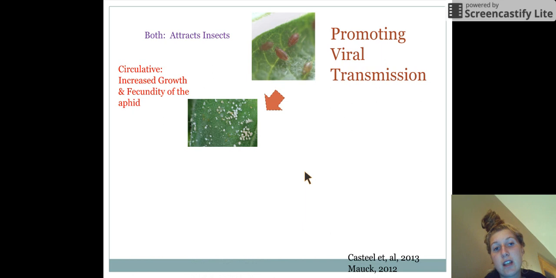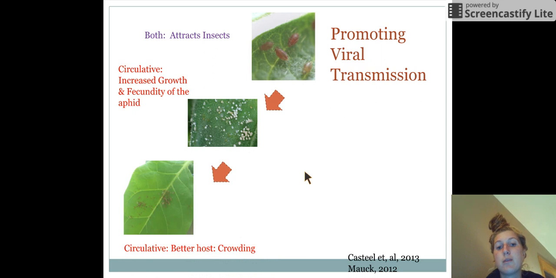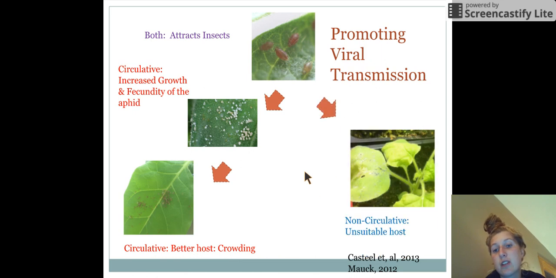The circulative causes increased growth and fecundity of the aphid, or increased performance, which leads to a better host and crowding, which makes sense because the virus transmission is viable for a long time. The non-circulative would make an unsuitable host, and therefore the aphid will leave quickly and go transmit the virus while the virus is still viable. This is what makes sense logically if we think about it.